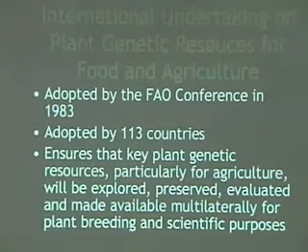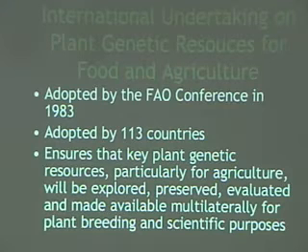Many of the collections inside them are duplicated, and there's a lot of interest, particularly through the Global Crop Diversity Trust, which had its first meeting on Tuesday and yesterday of this week, to rationalize that system and back up those genetic resources.